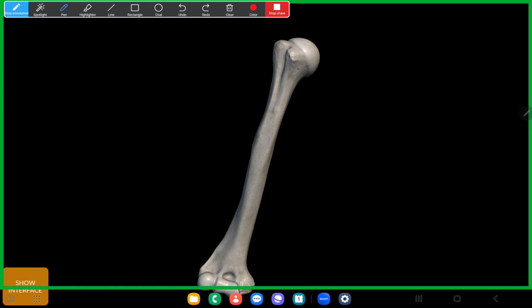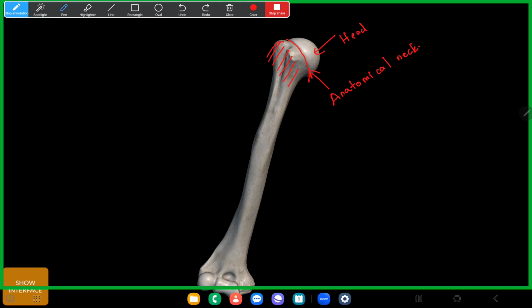Now, let's see what features belong to the upper end of the humerus. Here is the head of the humerus. Here you can see the neck of the humerus. We call this neck the anatomical neck, because the anatomical neck is the line which separates the head from the rest of the upper end.